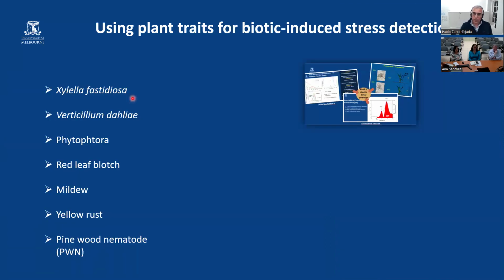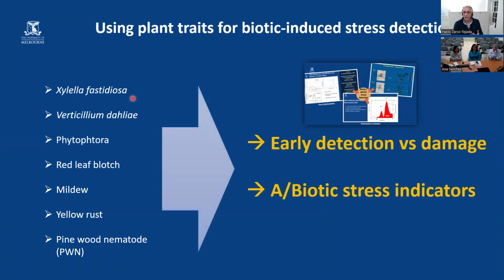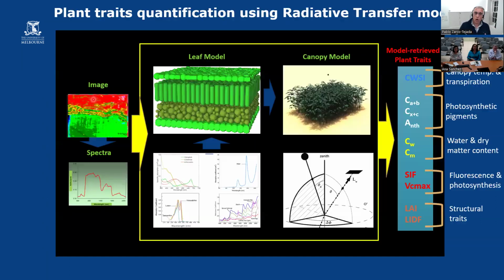By doing that, and in the context of several different pathogens and induced diseases, we have used them to evaluate early detection versus damage and biotic and abiotic stress indicators, proposing a methodology based on what we see here, which is basically a leaf model taking into account the biochemical constituents of the leaves and the arrangement and structure of each of the single leaf elements, connected to a canopy model.